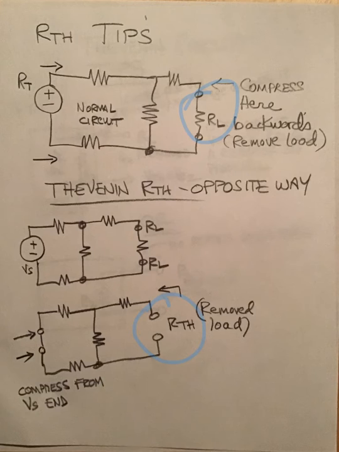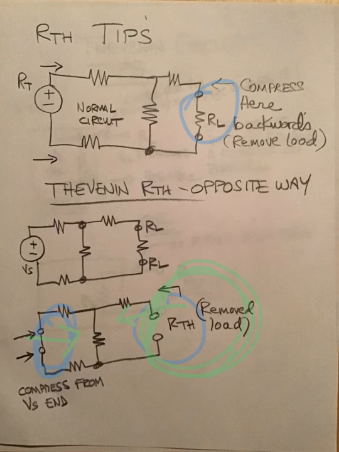Now, when you do that, you also have to open or short the power supply, and then you compress from the opposite end of where the meter is. Here's where the meter sits, measuring the resistance, looking into the circuit, but you have to start compressing from the left side, moving towards the right.